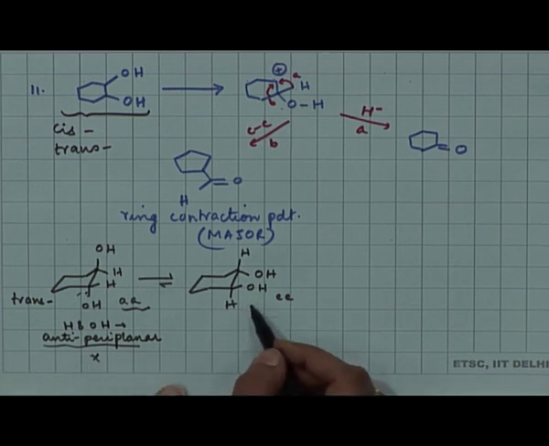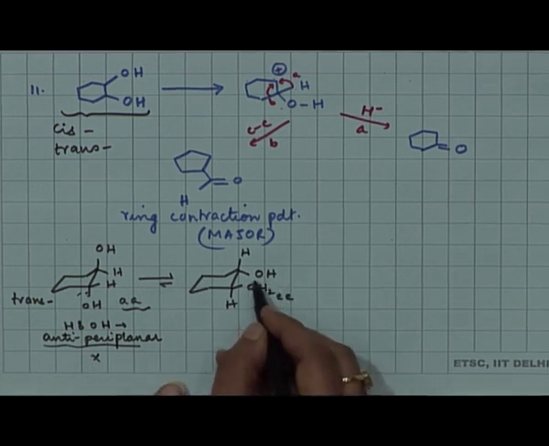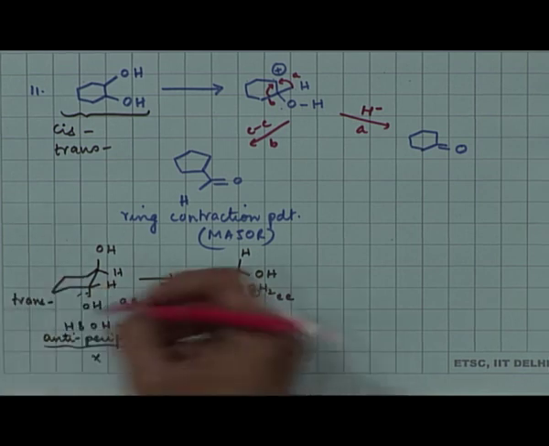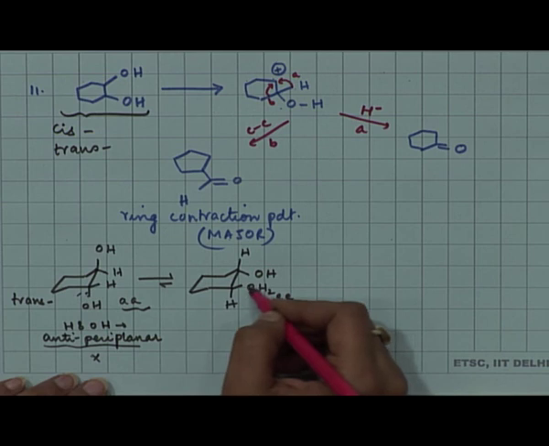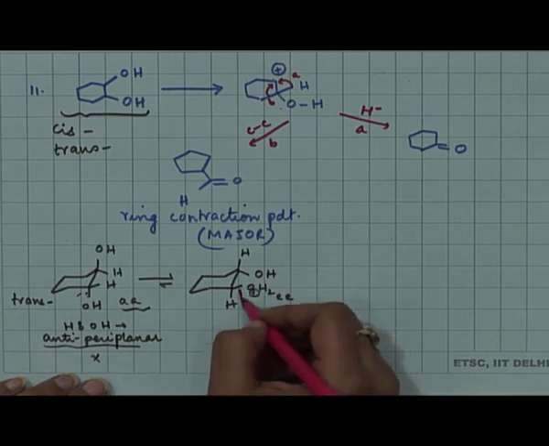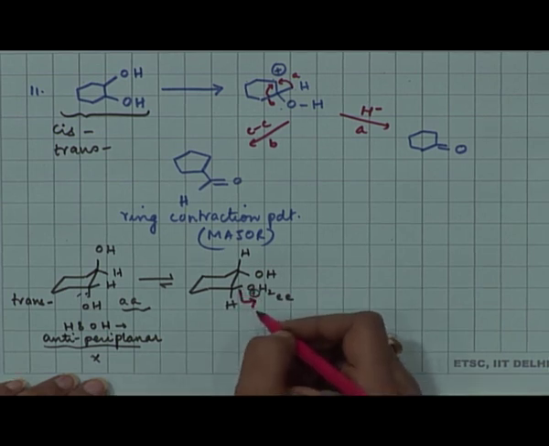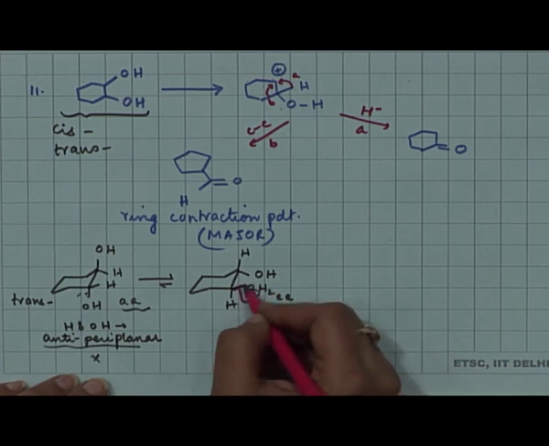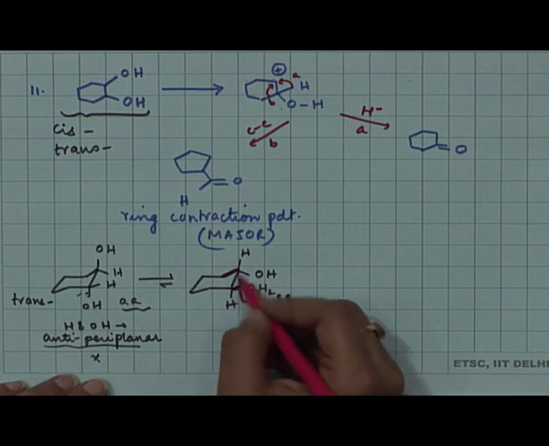In the case of di-equatorial, once this gets protonated, this leaves, and the leaving group and the neighboring group have to be anti-periplanar.